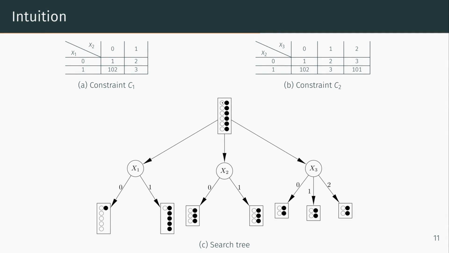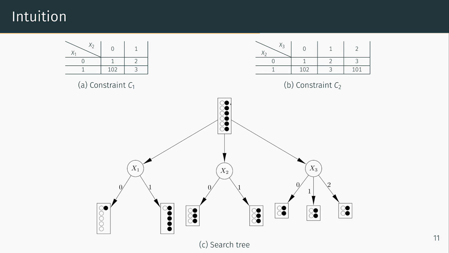At each search node, we use a circle to represent one possible assignment below that search node. So at this root search node, all 12 assignments are possible. That's why we have 12 circles here. And for x1 being assigned to 0, there are only 6 possible assignments left. So we have 6 circles in this rectangle.